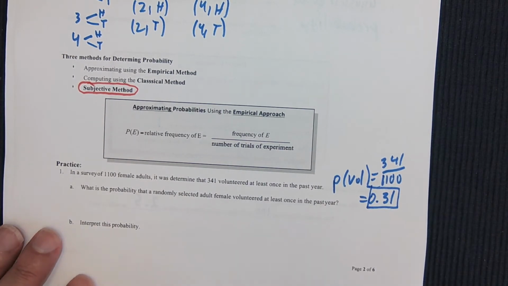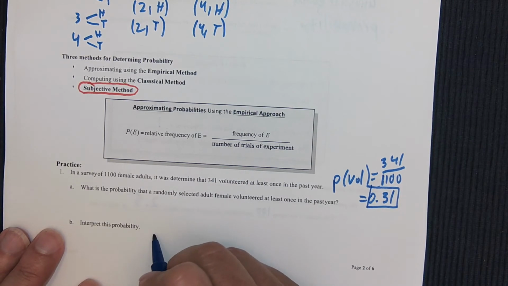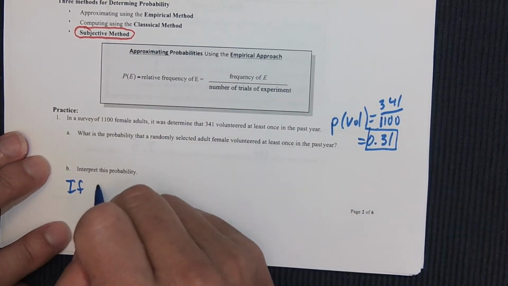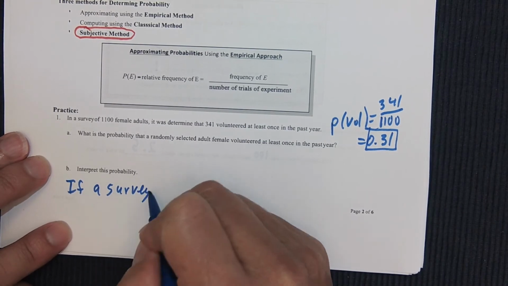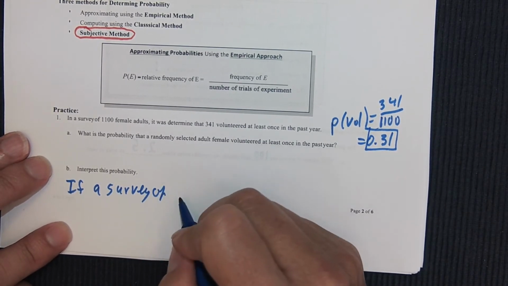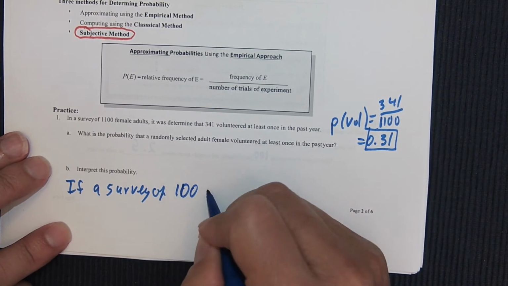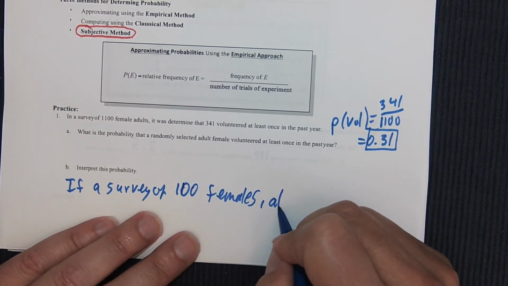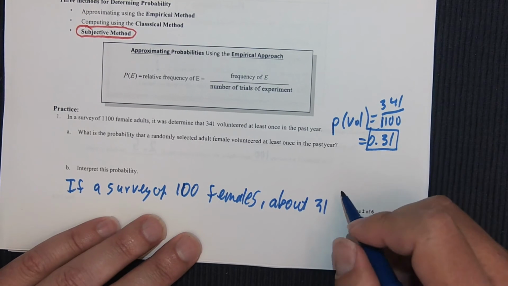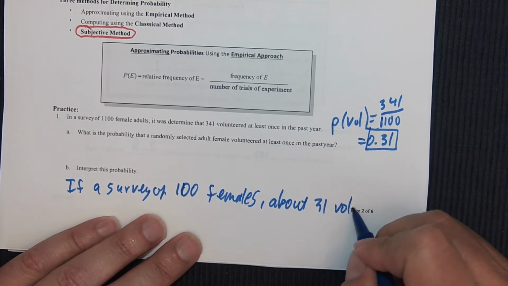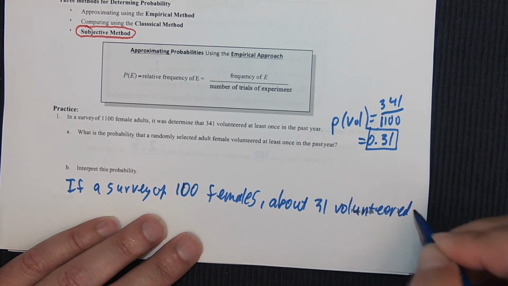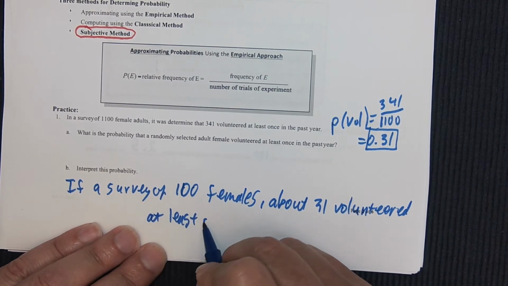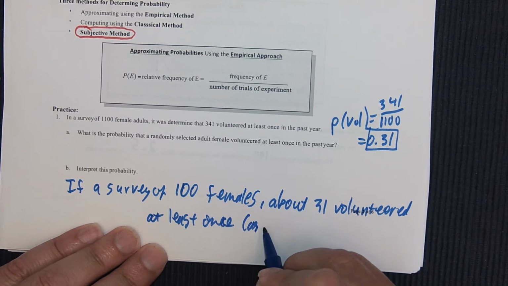Interpret this probability. So if a survey of 100 females, about 31 of them volunteered at least once last year.